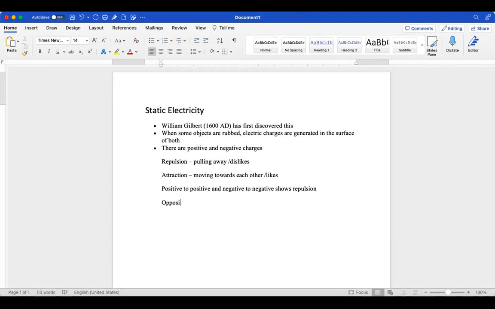Opposite charges show attraction. Okay, opposite charges show attraction. These are the points that you need to learn. But the experimental results, you need to do the activity and complete it. Okay, please write down this and let me know once you are done.